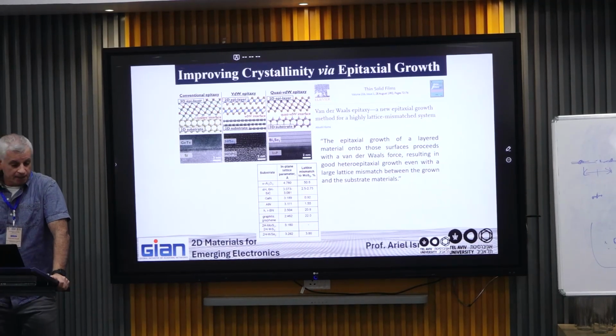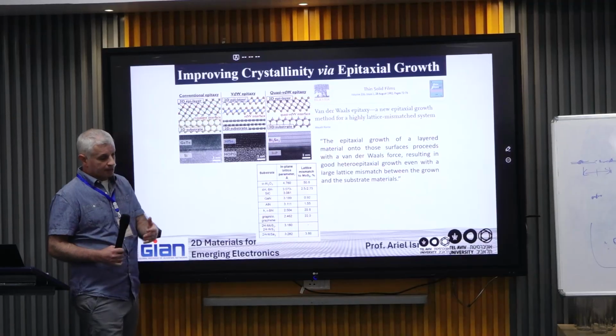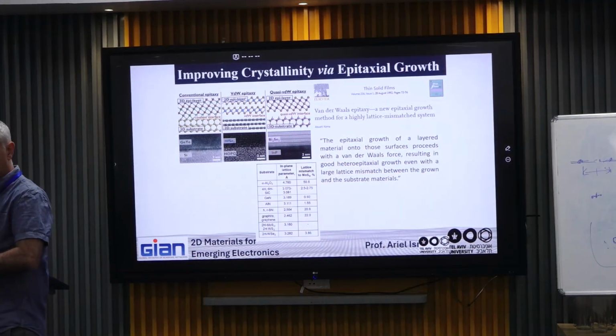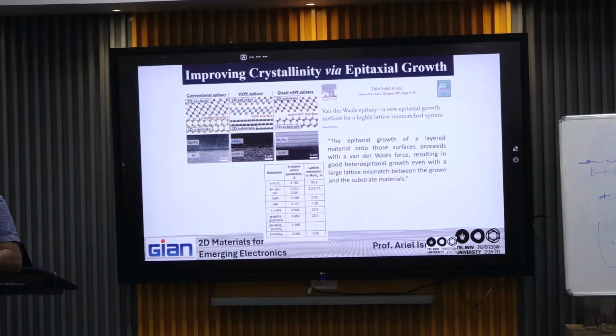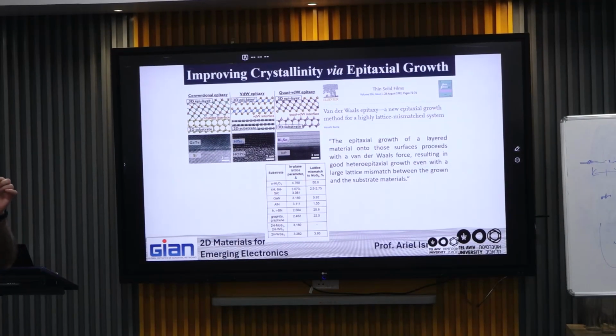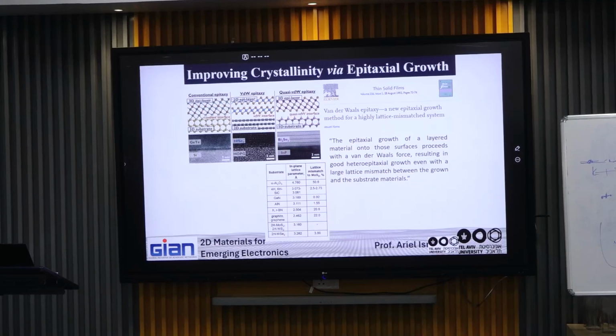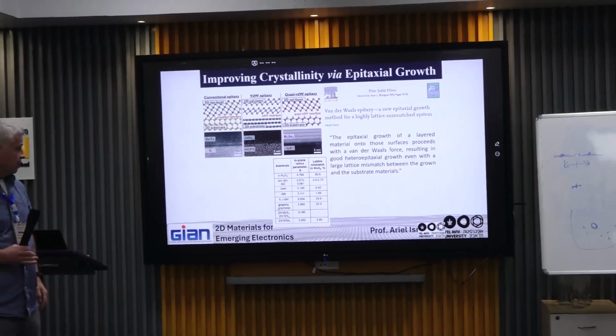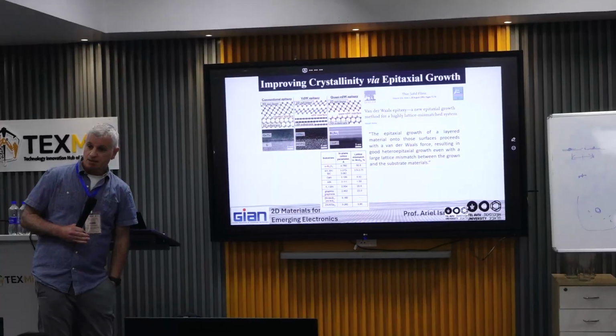He noticed that when he grew some 2D materials on top of other 2D materials, they had very large mismatch. You remember the mismatch, the difference in lattice parameter, which is one of the crucial parameters that dictates if we can grow epitaxially or not. Even for large mismatches, he could observe epitaxial growth.